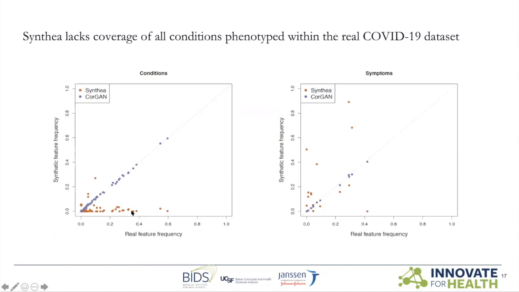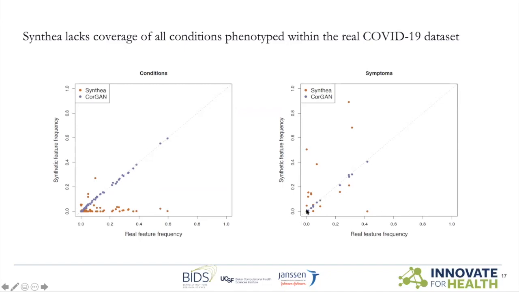For Synthea, many of the conditions have a near zero frequency, and I believe this is just because we did manual mapping of many of the Synthea concepts to the condition concepts within the real data set. And just because it is a synthetic data set based on a simulation care map, it just didn't have the same coverage and range of conditions as was present within the real data set. So that's why many of these conditions are at fairly low frequency.